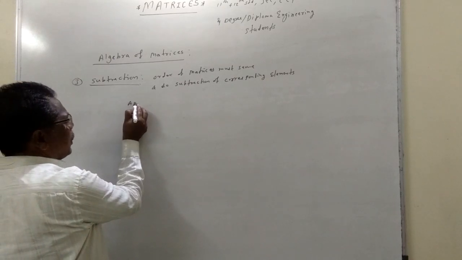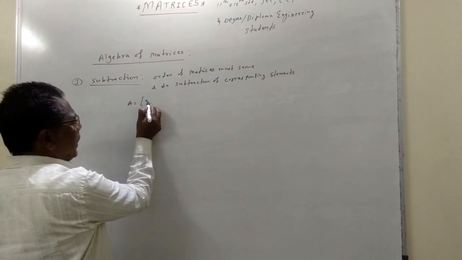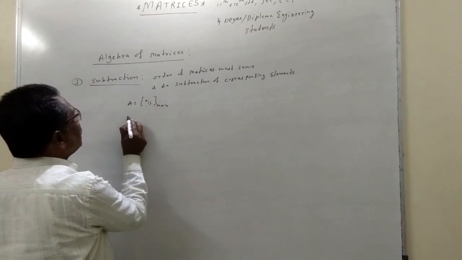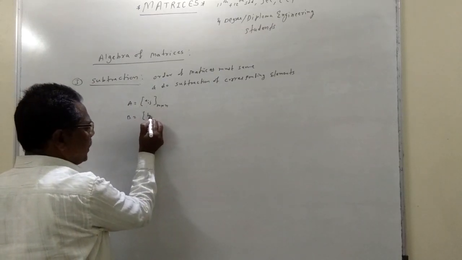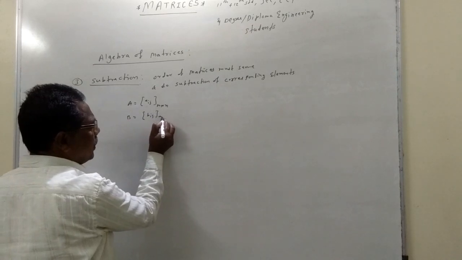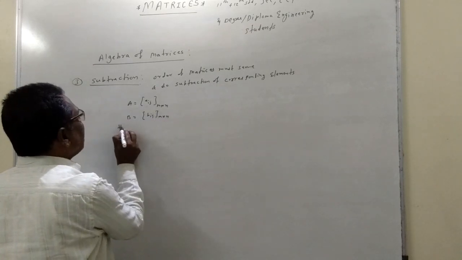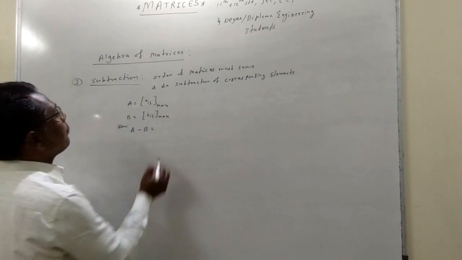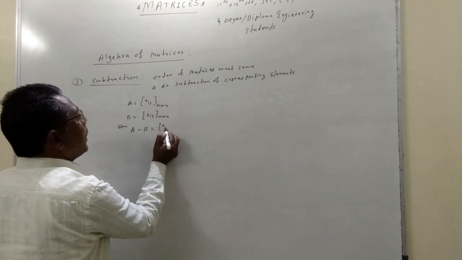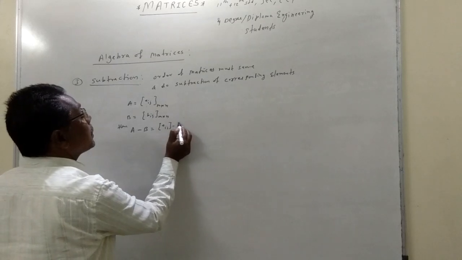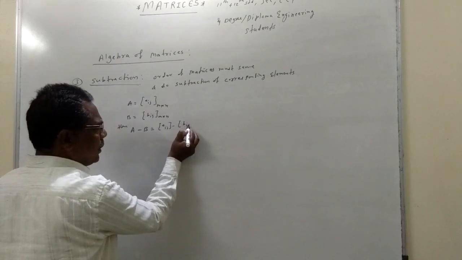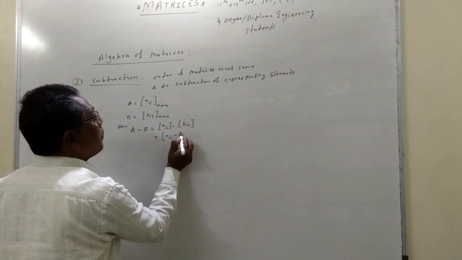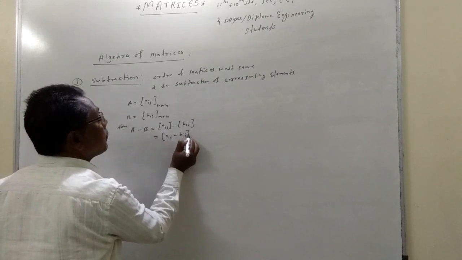A is equal to the matrix Aij of order m by n, B is equal to the matrix Bij of order m by n, then A minus B is equal to the matrix Aij minus the matrix Bij, which is the matrix Aij minus Bij.